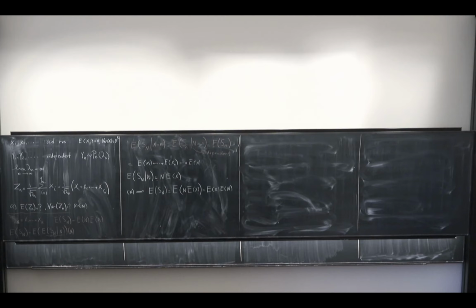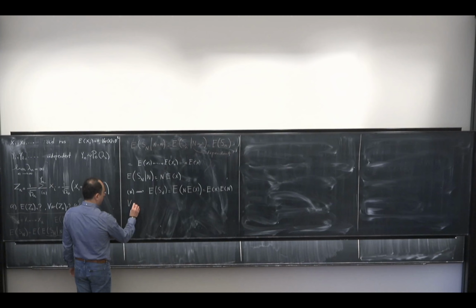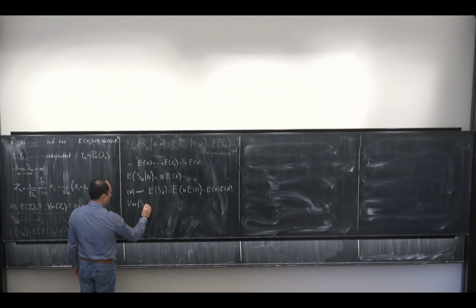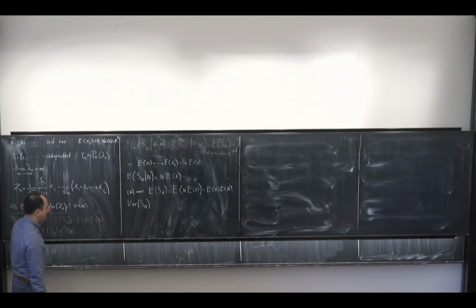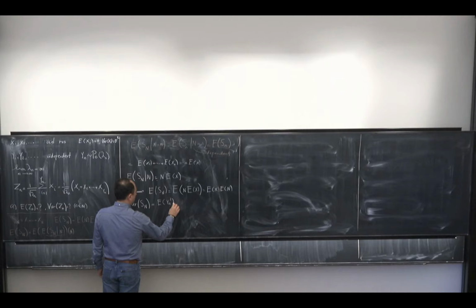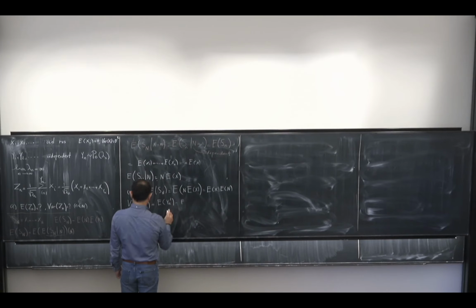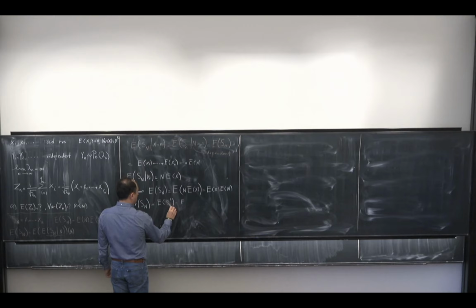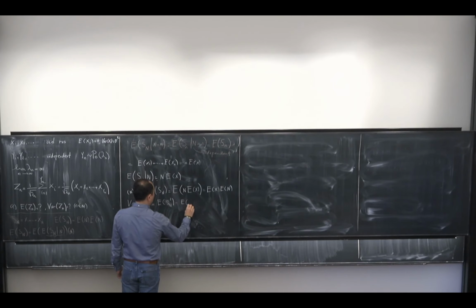Because I don't remember, let us derive it together. So for the variance, what should we do? I want to calculate also the variance of Sn. But you know that the variance of Sn is expectation value of Sn squared minus expectation value of Sn, totally squared.